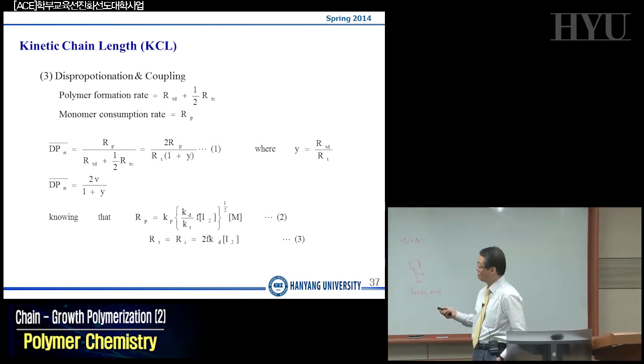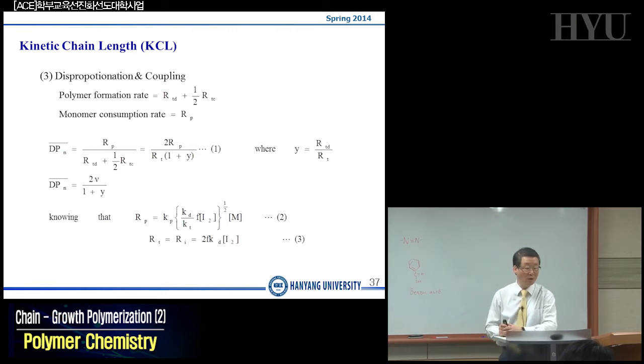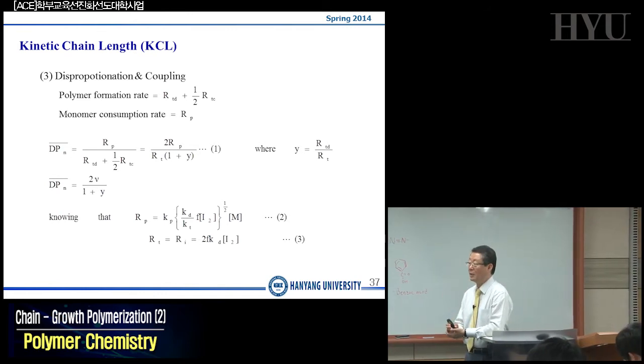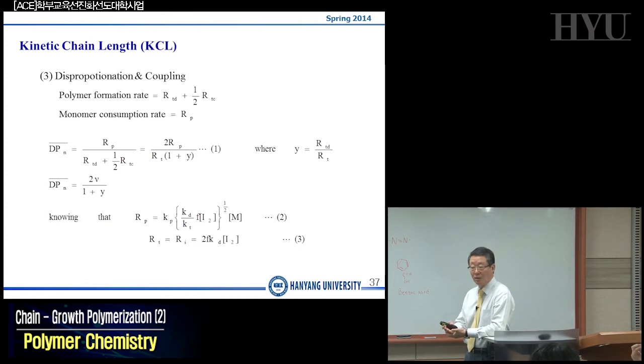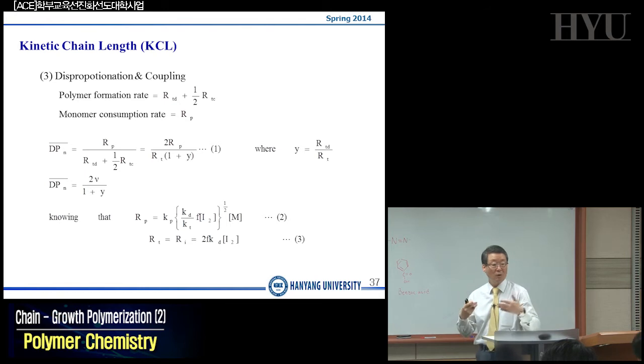Therefore, if I define mu as the kinetic chain length, DPn is equal to 2 mu divided by 1 plus Y. Okay? If Y is equal to 1, meaning that you have 100% disproportionation, DPn is equal to mu. Okay? If I have 100% coupling, this Y is equal to 0. So the molecular weight will be double the kinetic chain length.